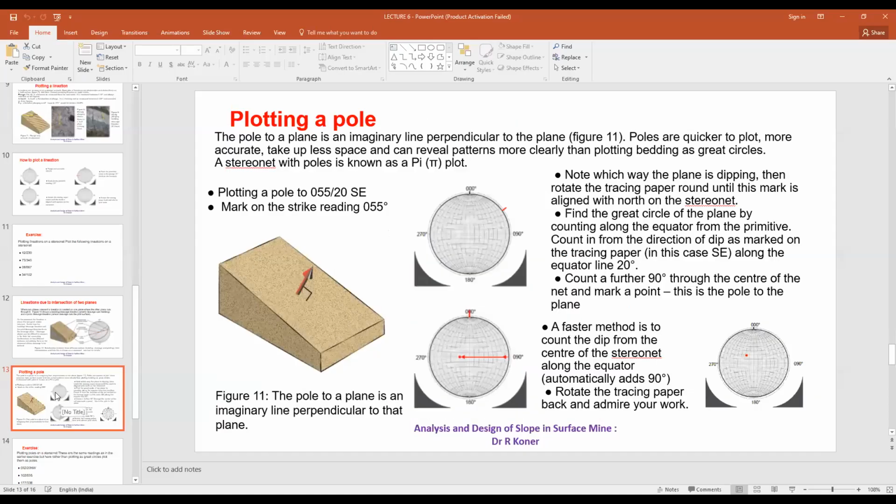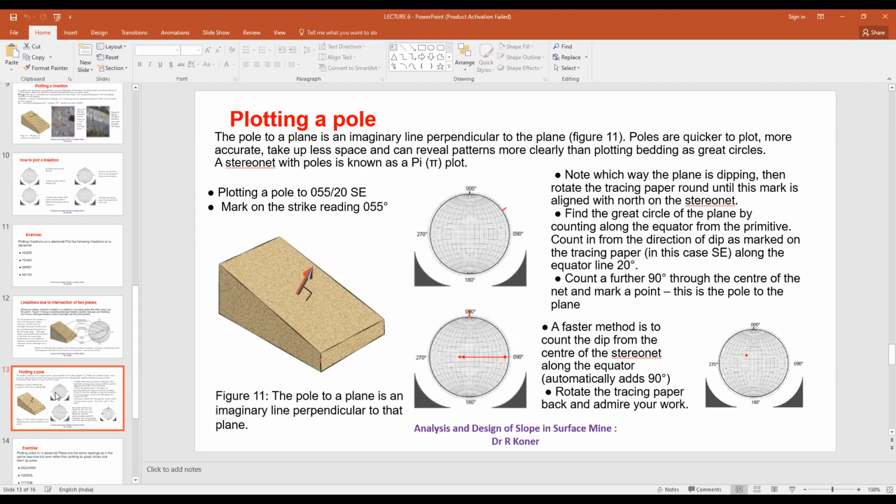Now, the next point is how to plot a pole. Now the question will come: suppose you have drawn great circles on tracing paper, and there are 100 different discontinuity patterns observed in a large field. 100 great circles on the same sheet would be clumsy, and to fetch out some information or reach some decision is very difficult.